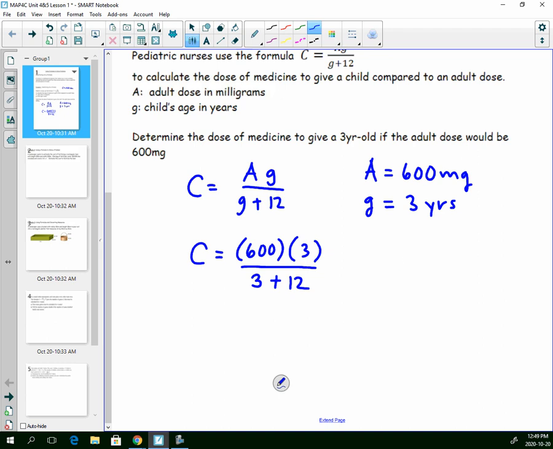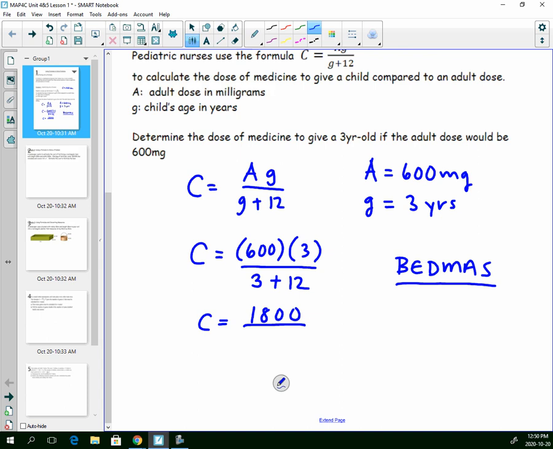And then whenever you're solving these formulas and trying to find a value, remember that you always want to follow BEDMAS, right? You want to do any brackets first, then any exponents if they appear, and then you're going to multiply and then add and subtract in that order. So the first thing I might want to do to simplify this is to multiply 600 times 3, that is in the numerator.